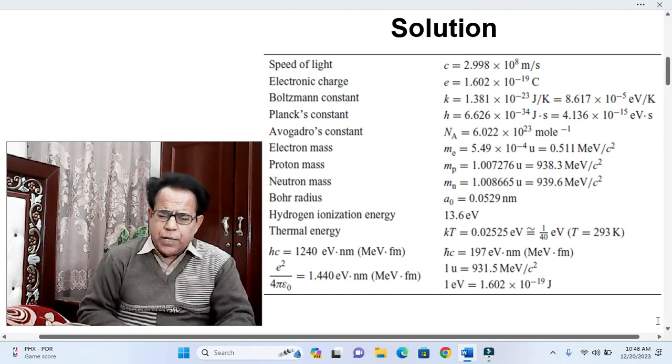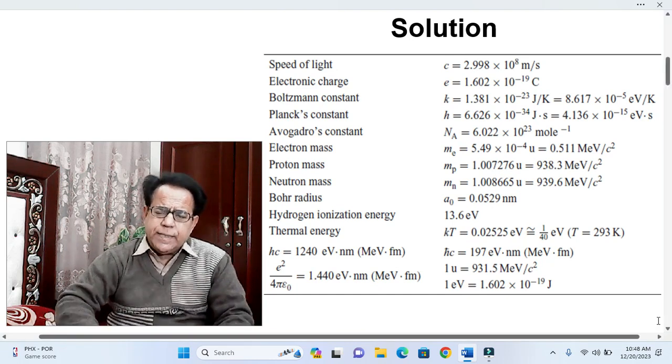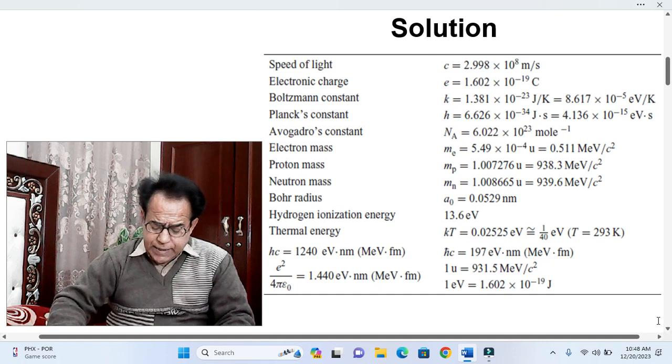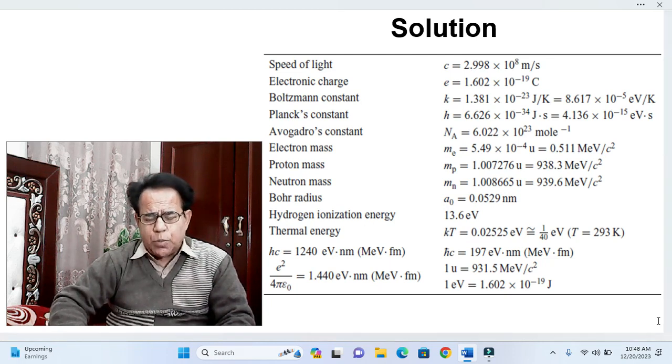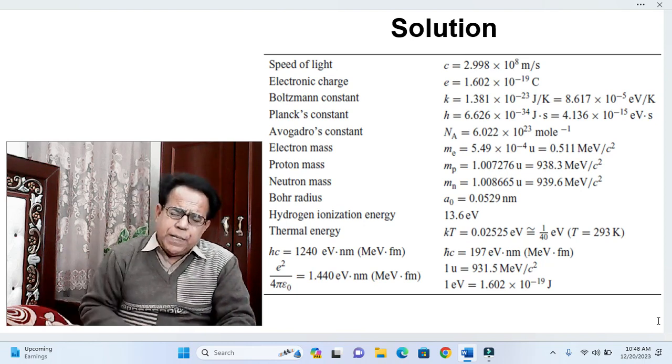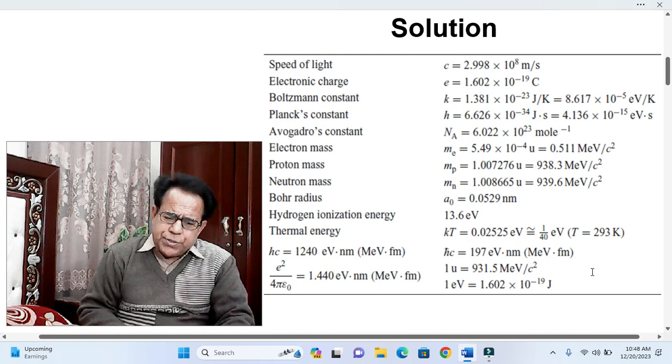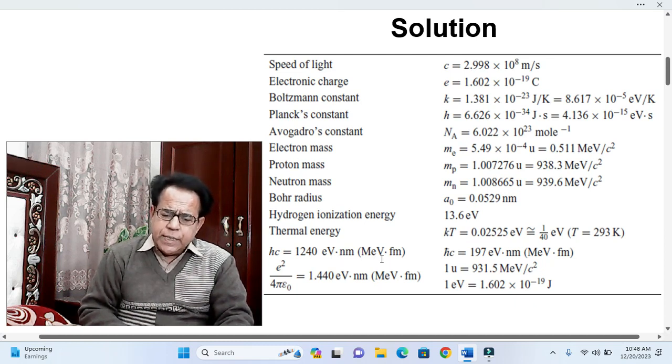So this is a table of physical constants. This table has been taken into consideration several times in our previous videos. We may pick any physical constant which we may need in our solution. In this solution, particularly this value, that is hc equal to 1240 electron volt nanometer or million electron volt femtometer, will be used.